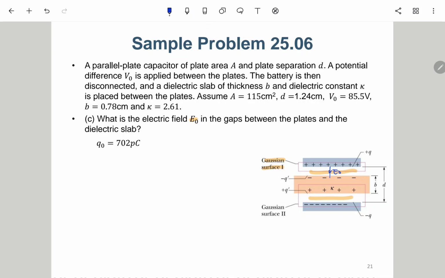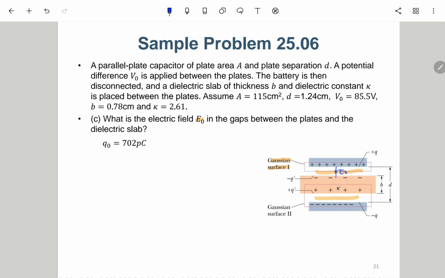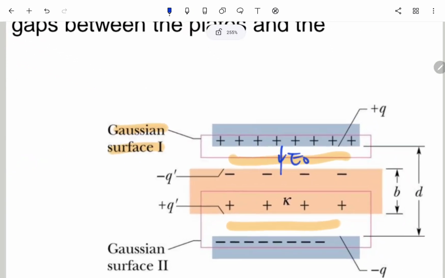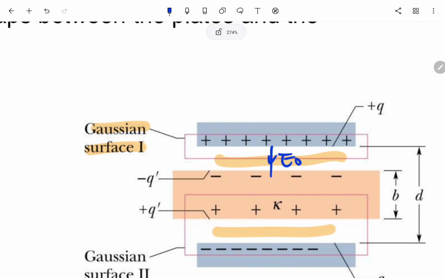Of course, after we define the Gaussian surface, we would like to use Gauss's law. So epsilon naught, this part we don't have dielectric, so we use epsilon naught integration of E dot dA to be Q. This side doesn't contribute to the surface integral, because there's no E field inside the plate.